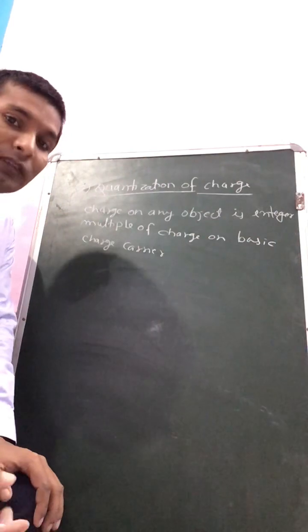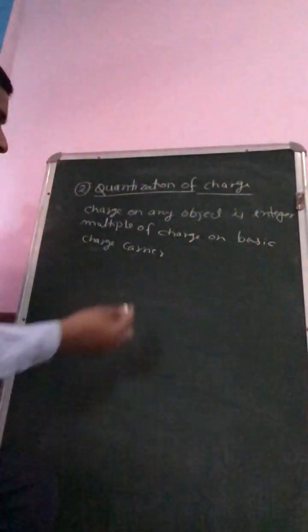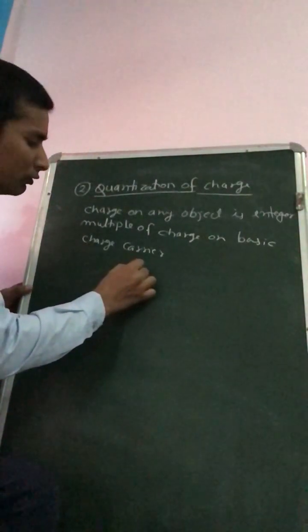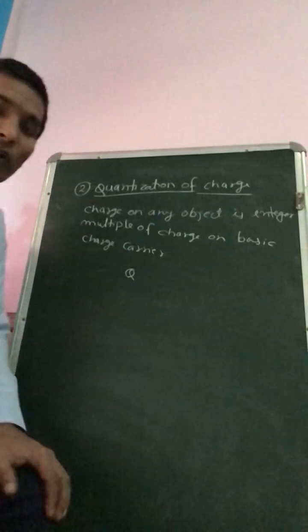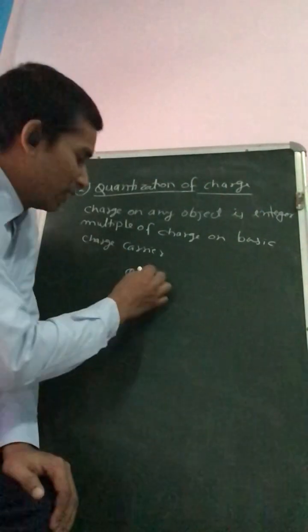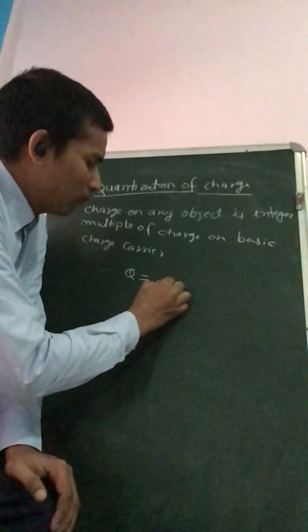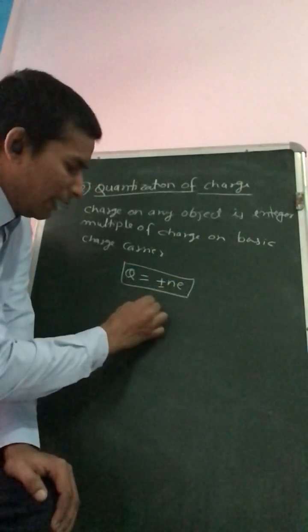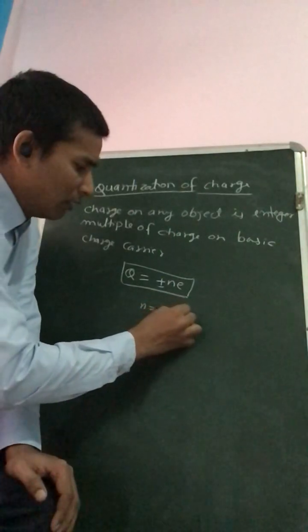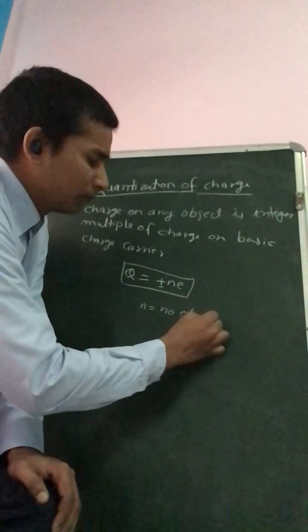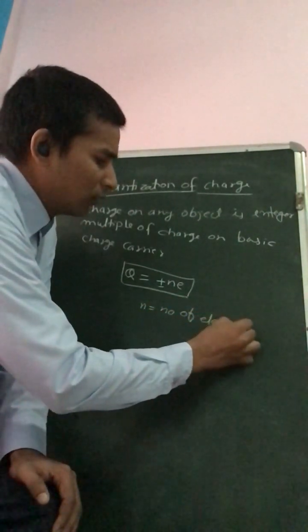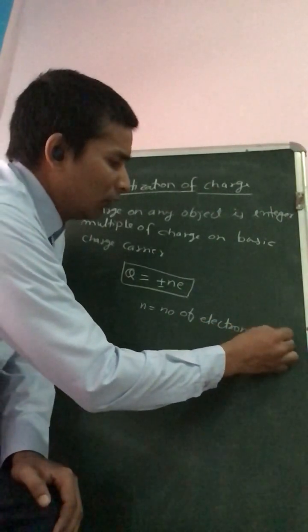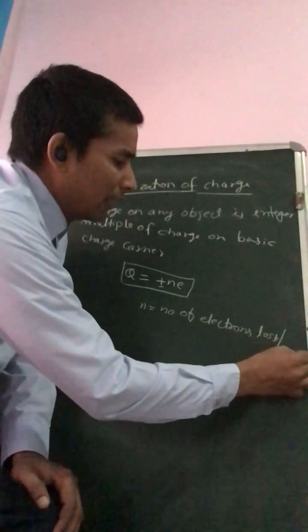We already know that the electron and proton are basic charge carriers. So Q, suppose Q is the charge on any object, will be equal to plus minus n into e, where n is the number of electrons lost or gained.